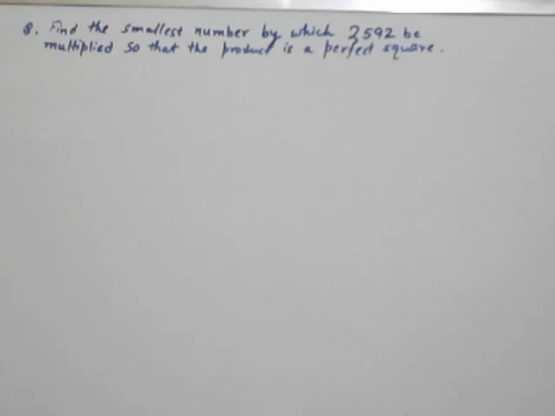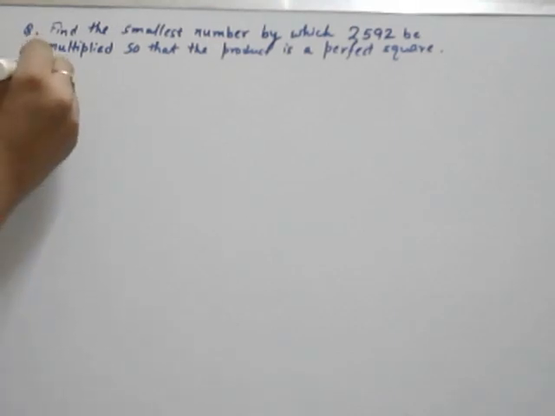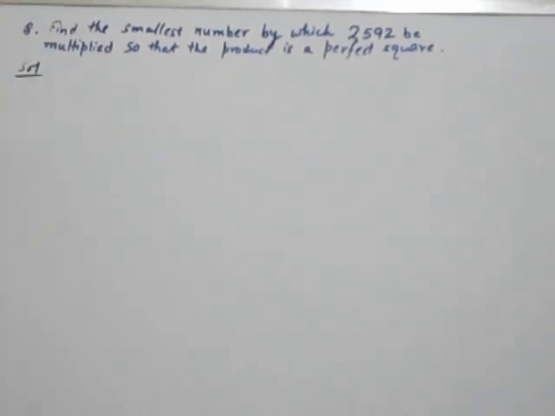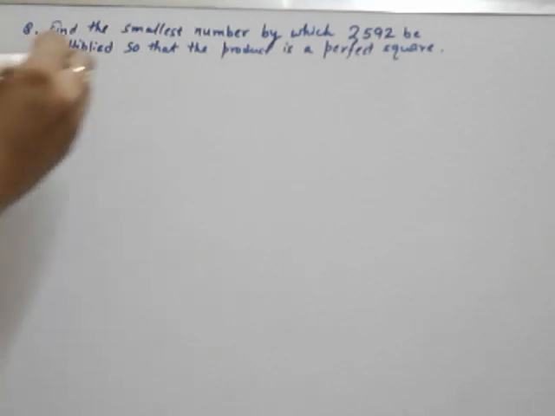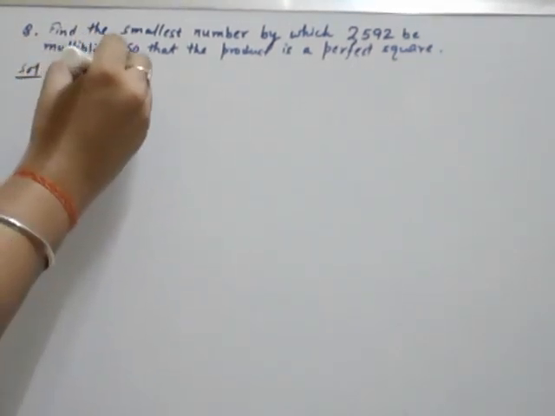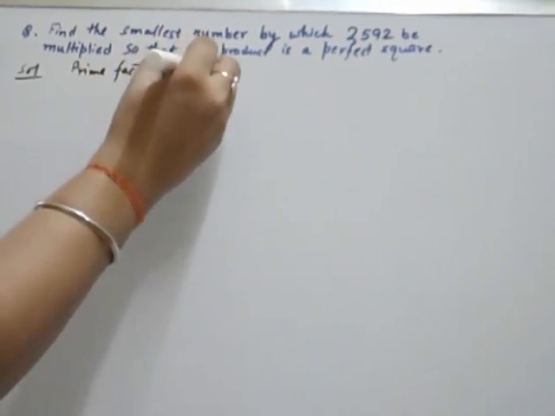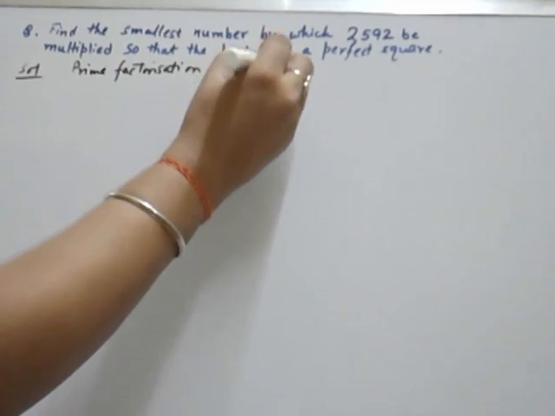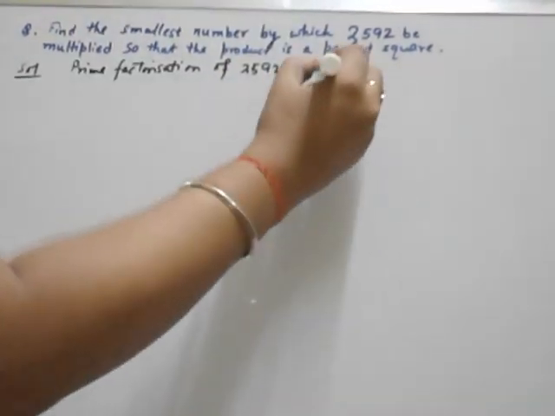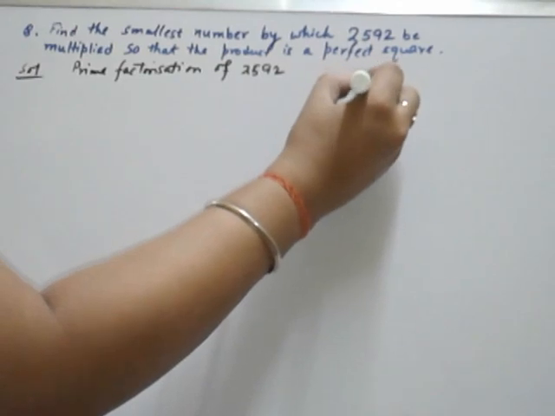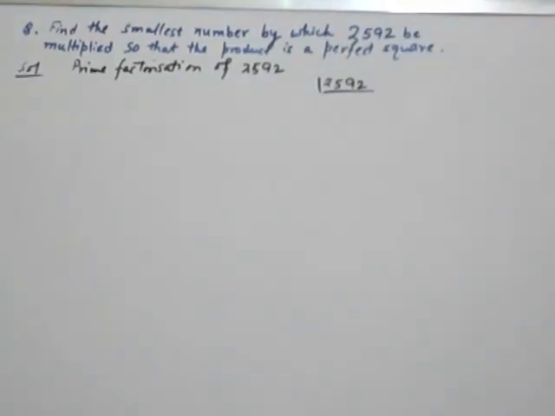So for this type of question, you first find the prime factorization of the given number. So the prime factorization of 2592, what is the result? In 2592, the last digit is 2. That means this number is divisible by 2.